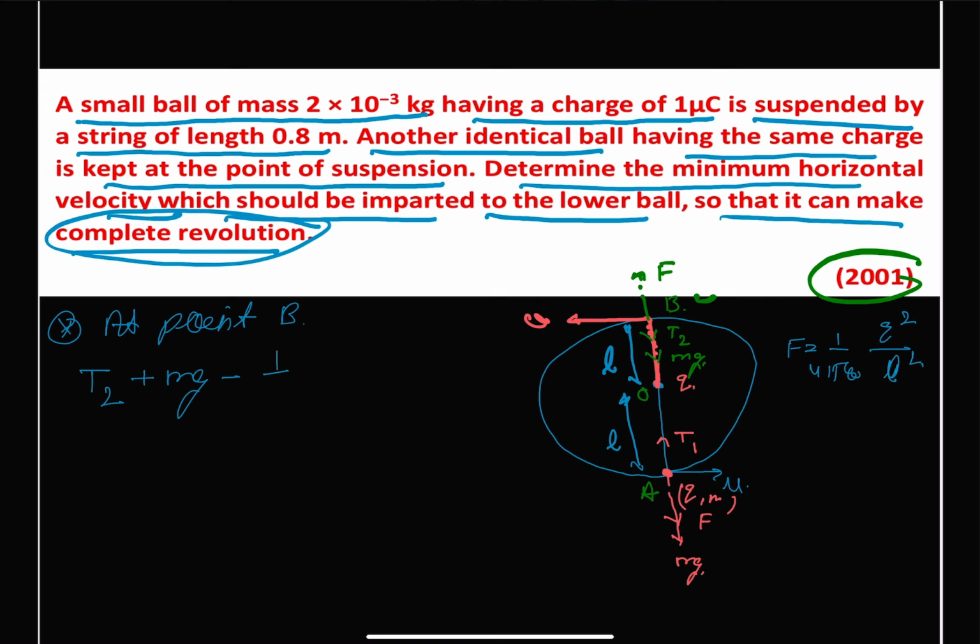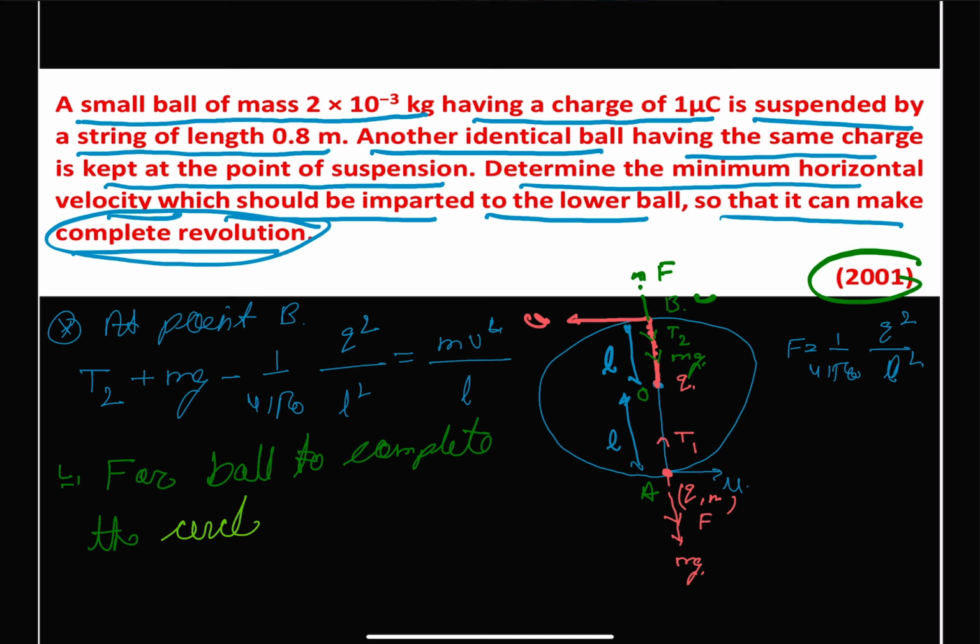So we get this as 1 upon 4 pi epsilon naught q square upon L square, which will be equal to the required centripetal force, that is mv square upon L. And we know that for the ball to complete the circle, T2 should be equal to 0.